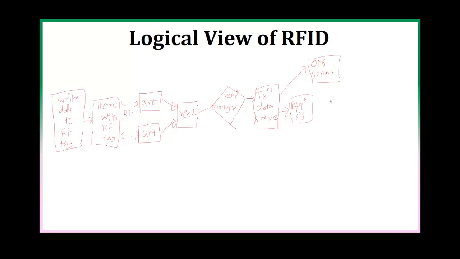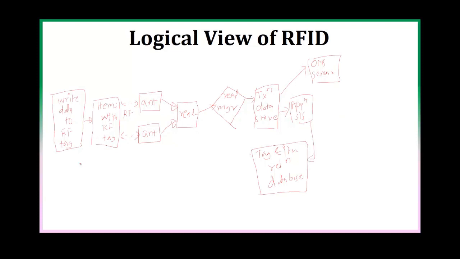Then I suppose we are left with the tag and item relationship database. Obviously there has to be information which is fed back from this application system directly to your information.